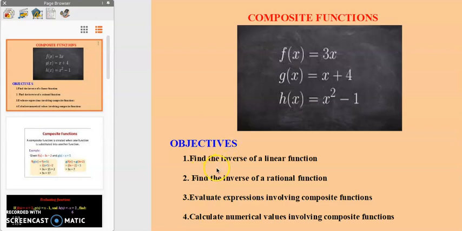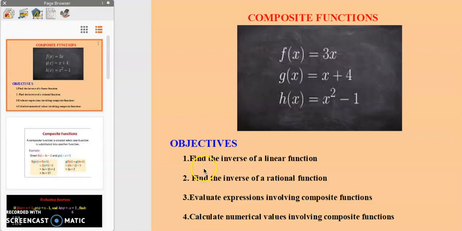Right, so for this video we are going to look at composite functions, and throughout we will cover four objectives.